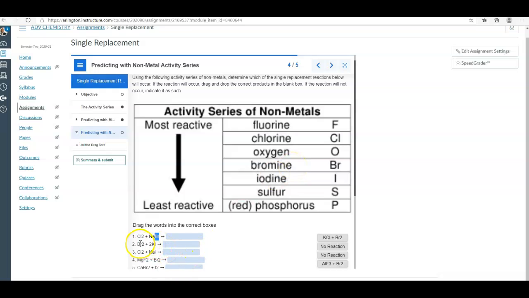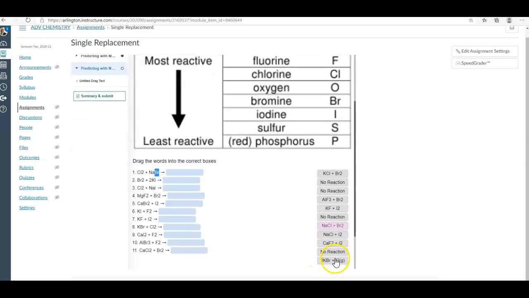Now, if you look at this first one here, chlorine is here, second in the activity series. Bromine is right here. So which one is more active? Perfect, chlorine. Now, can chlorine replace bromine? Yes, good. So in this case, bromine will be by itself, and the sodium will go with chlorine. So what you will end up having is sodium chloride right there. Okay?